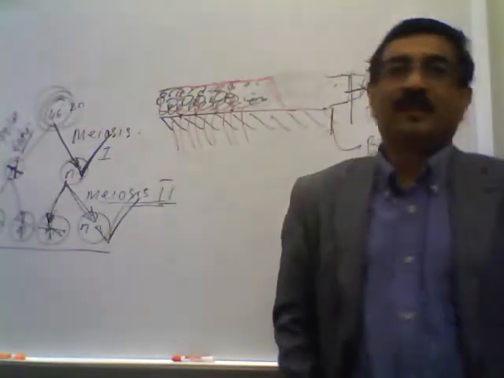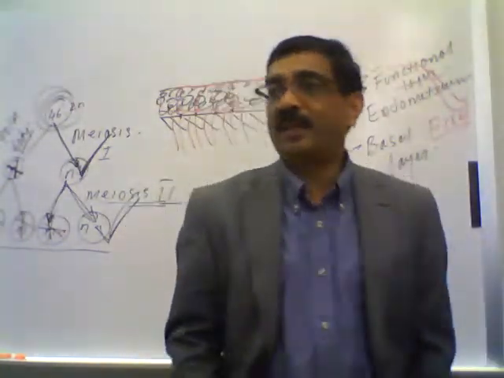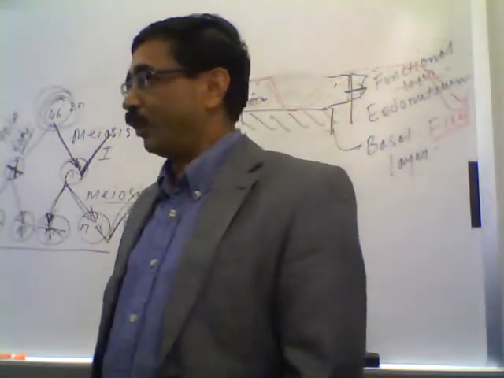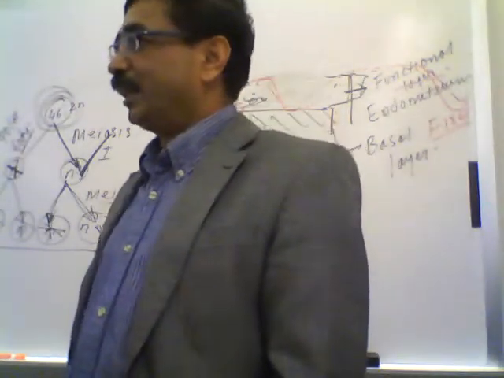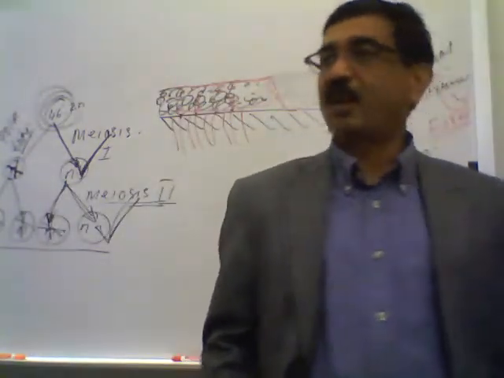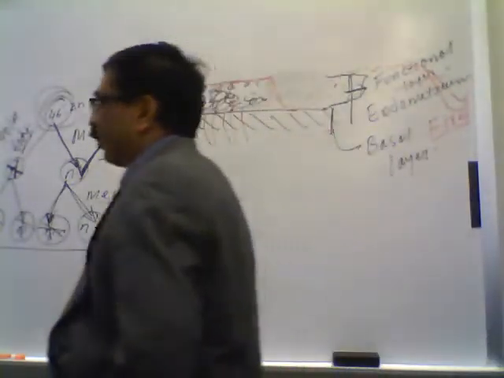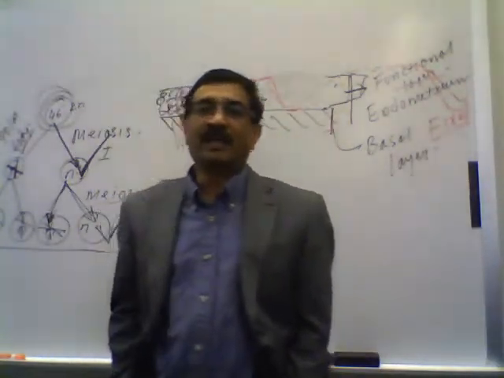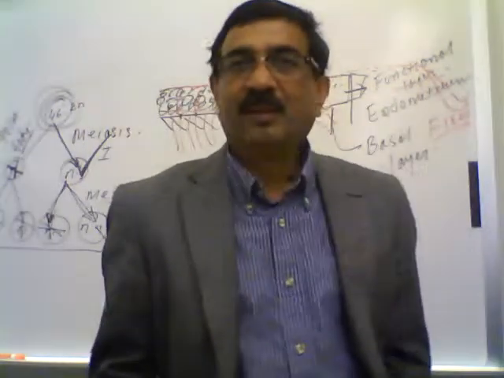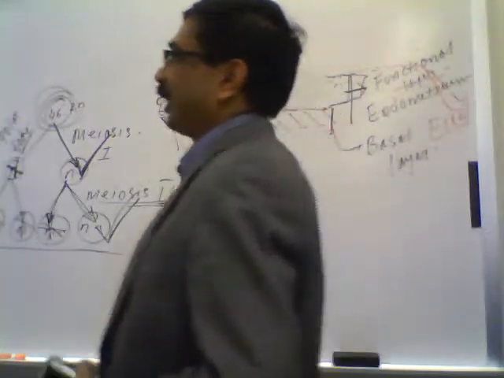So, the pituitary hormones, you know that pituitary gland has anterior and posterior lobes. Anterior pituitary gland or anterior lobe produces 6 hormones. Among those 6 hormones, 2 hormones regulate the ovarian cycle.